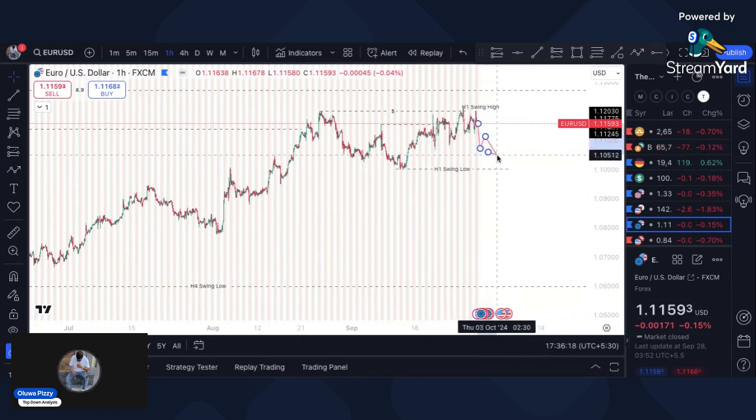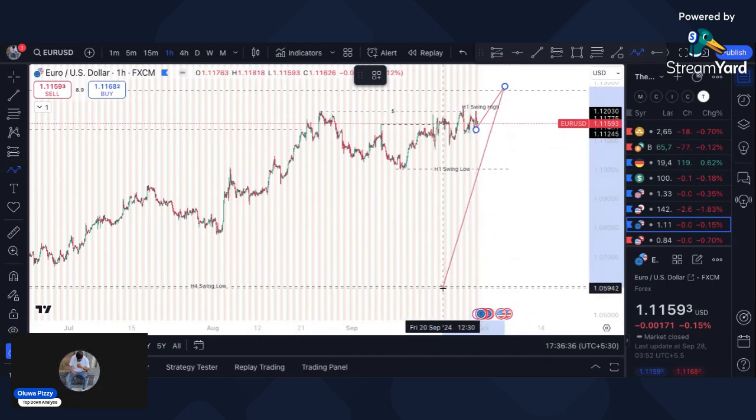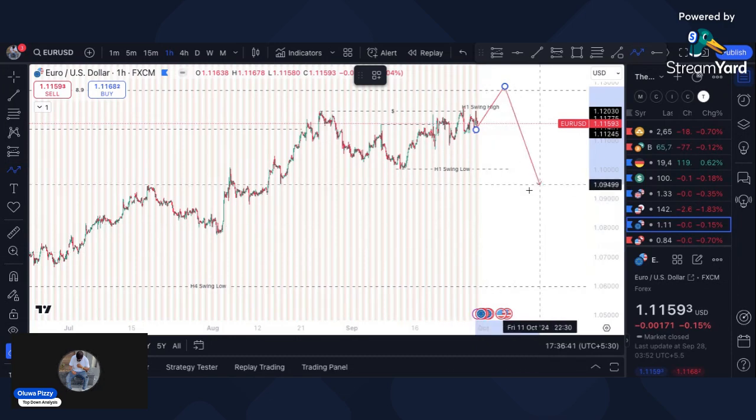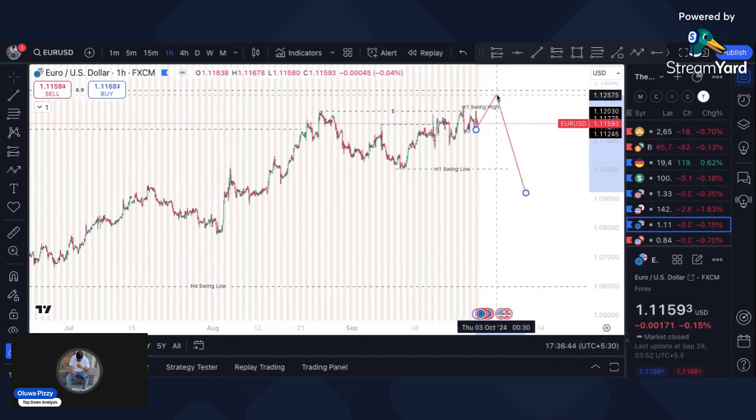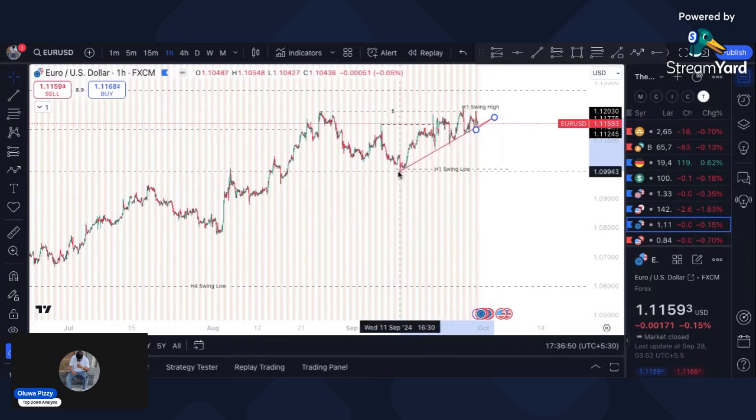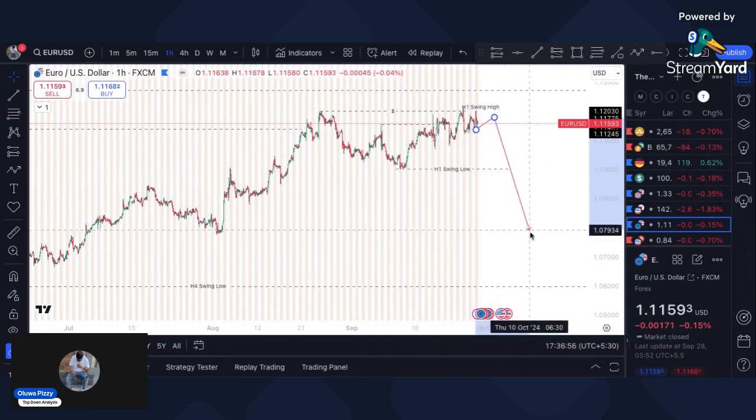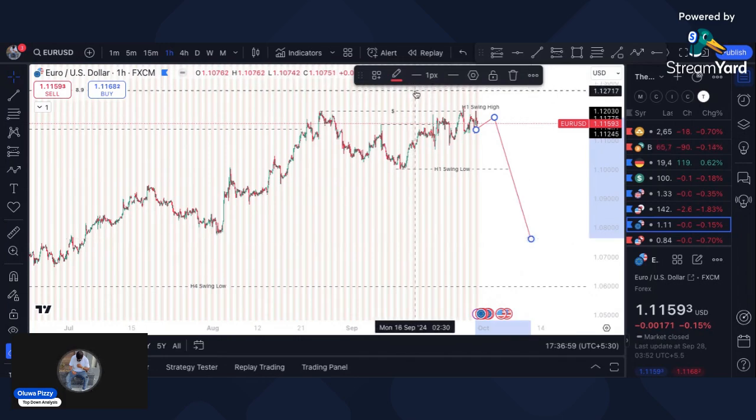Please take note of what I'm saying right now. There are two scenarios. If this market comes and breaks this previous high, then this low will be protected. But if this market did not break this high, but comes and breaks this recent low, take note, that means this high has been protected.